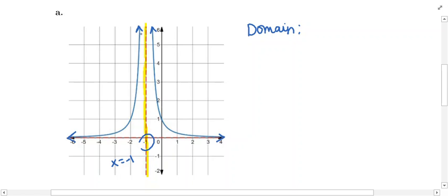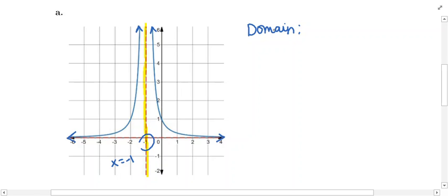This piece, where my cursor is, is getting closer and closer to that vertical line, but never touching or crossing it. Same thing, this right piece is getting closer and closer to the yellow line, but never crossing or touching it. So this vertical line at x equals -1 tells us that this is an x value that has no output.